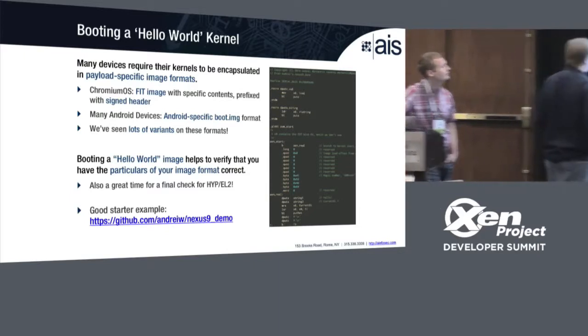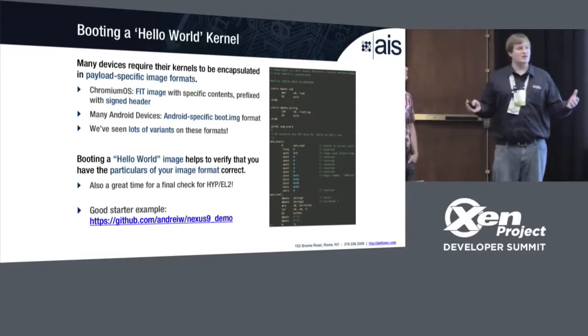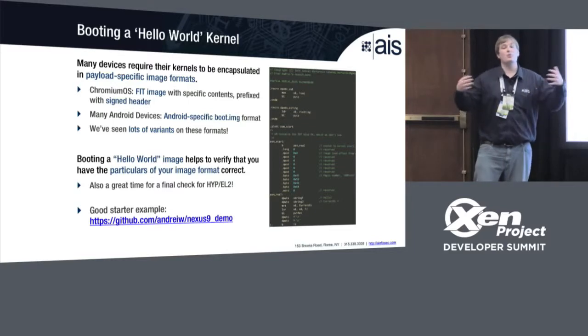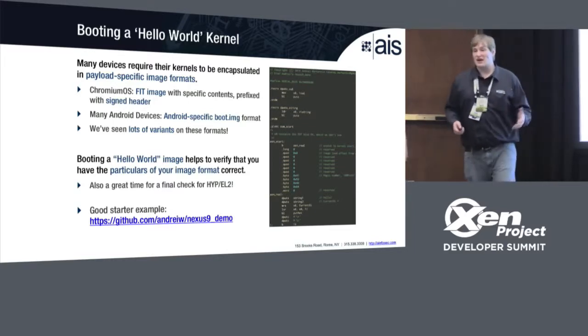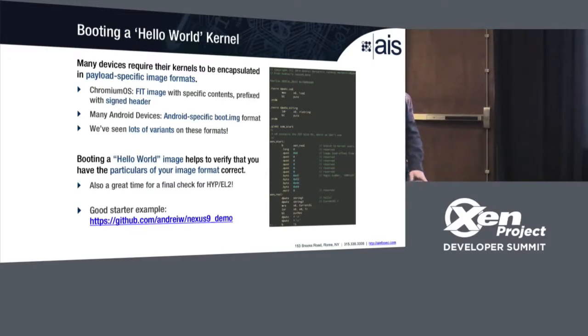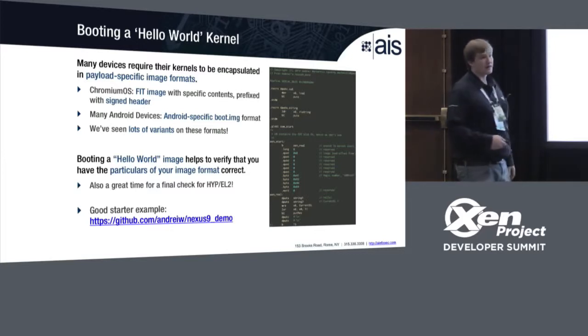So one of the unfortunate things about commercial devices is that nobody likes to agree on a standard. Even when they do, someone comes up with a standard and then they usually will come up with a new one. So like Chromebooks have their own standard for the way images should be loaded. So they're actually FIT images that are signed with a very particular header.